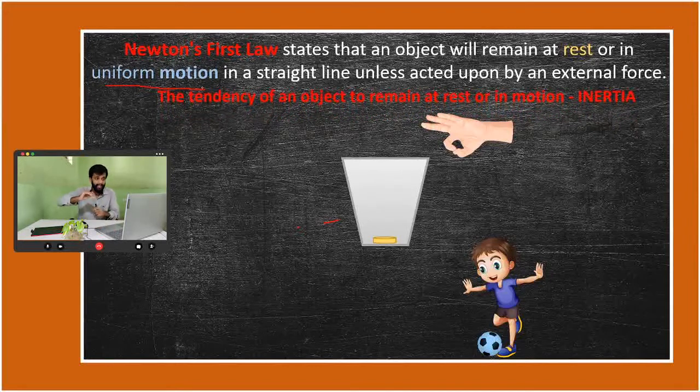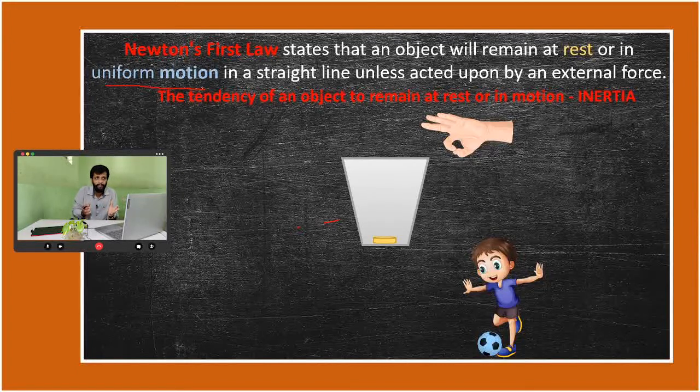Okay, now the tendency of an object to remain in the state of rest, or in motion, is called inertia. So it's a new word, remember this, okay. That tendency, that object says I will remain here. So it is capable of staying over there.